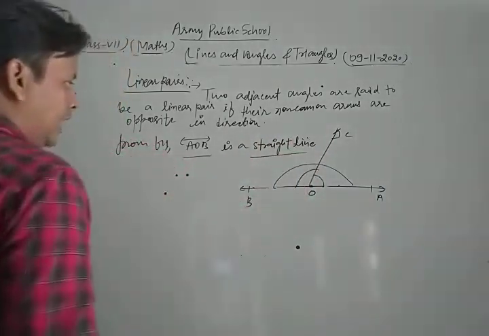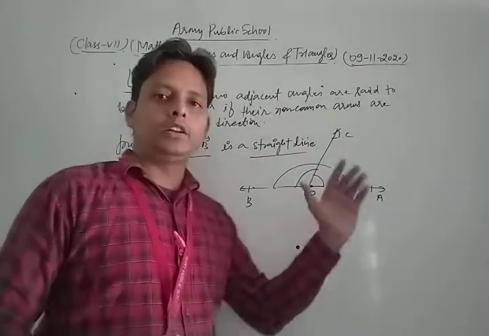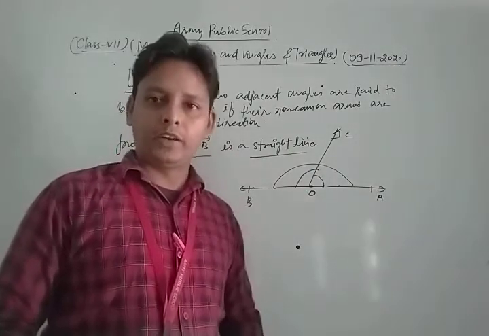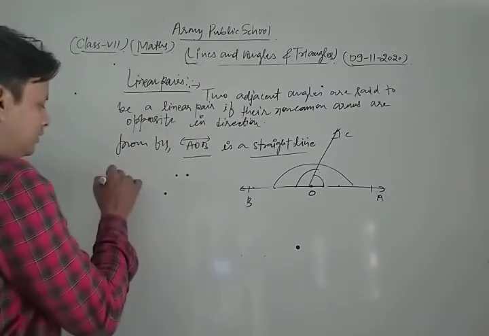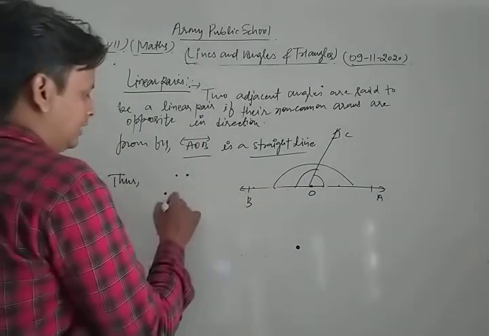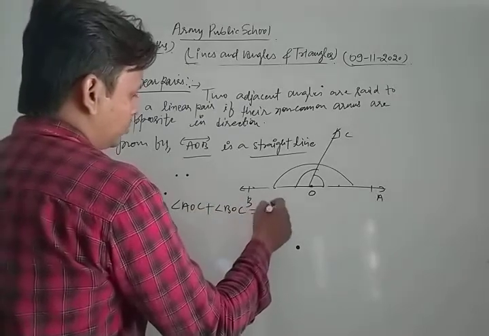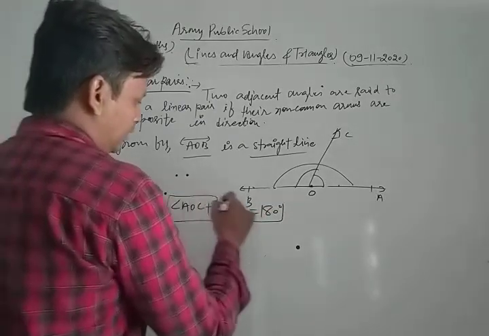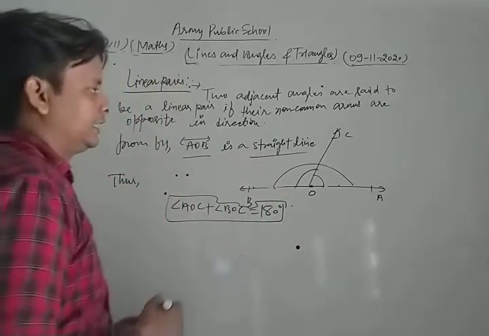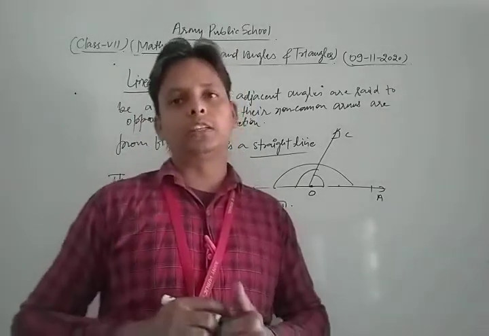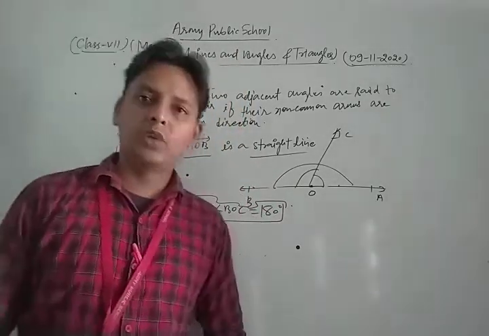AOB is a straight line, and dear students, you know that the angle on a straight line is equal to 180 degrees. Thus, from the figure, angle AOC plus angle BOC is equal to 180 degrees. So this is the very important concept related to linear pairs.